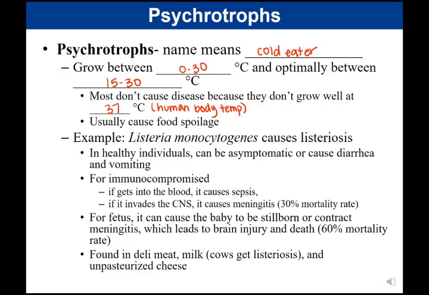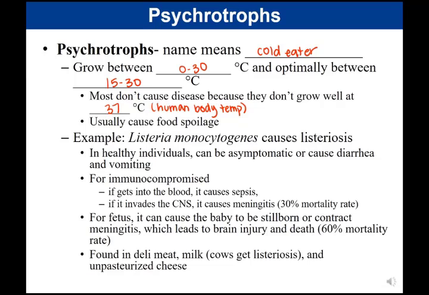And then again, the second group that's most at risk would be the fetus. And so for females who are pregnant, pregnant females are often advised not to drink unpasteurized milk or to eat unpasteurized cheese.